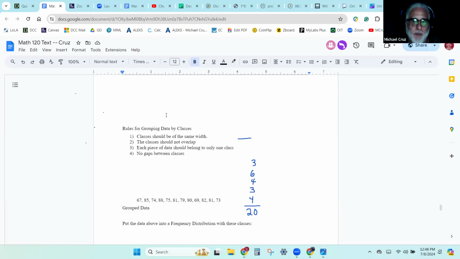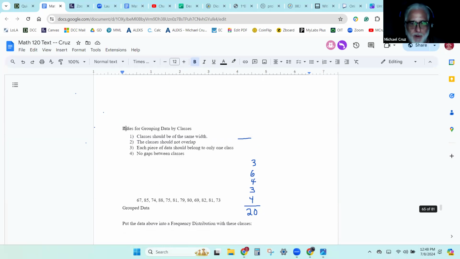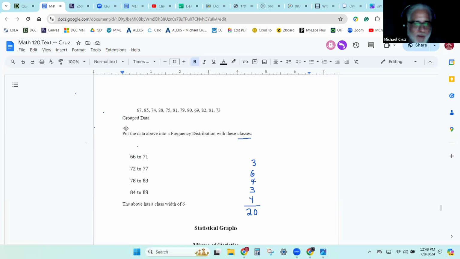In a sense, these up here were classes as well. It's just that they were already established for us. So when we have numerical classes like this, we have a whole range. Then any number that starts at 66 and goes up to 71 will go inside of here.